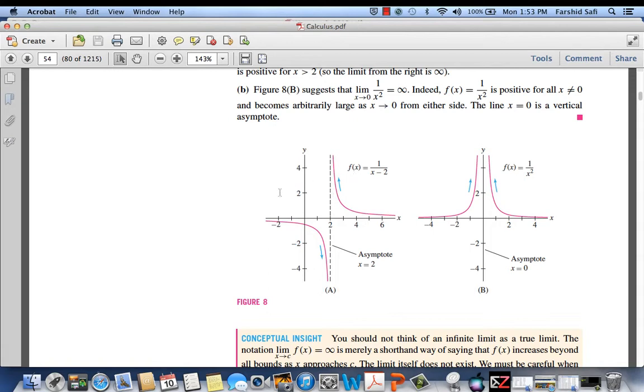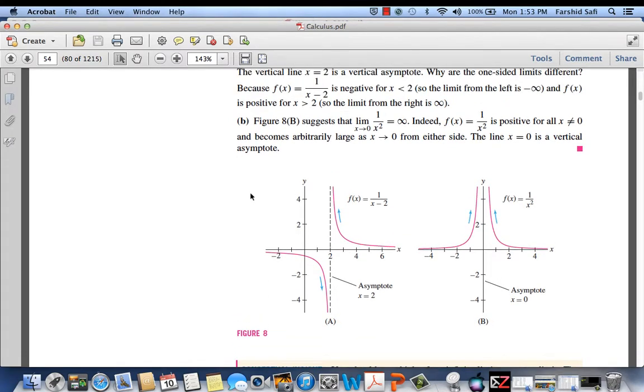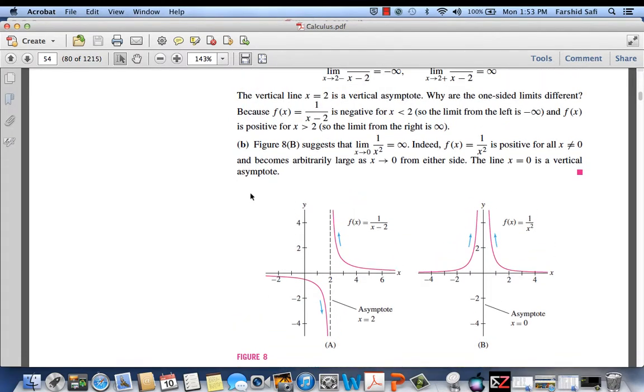So if you were to take a look at the limit as x approaches 2 from the positive side, again along the curve, as x gets closer and closer to 2 from the right-hand side, the function values are going towards positive infinity. And similarly, the limit as x approaches 2 from the left, we're going towards negative infinity.